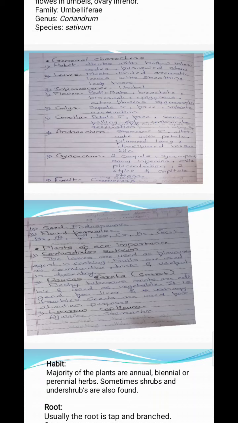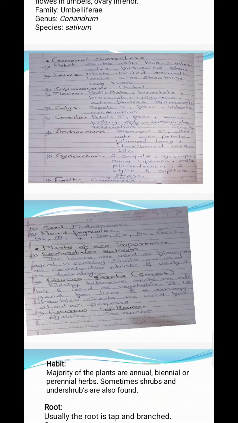And economic importance plants are, first one is Coriandrum sativum, the first example we have taken, in which leaves are used as a flavoring agent in cooking and also used as a tonic and useful in dysentery. Then second example is Daucus carota, that is carrot.